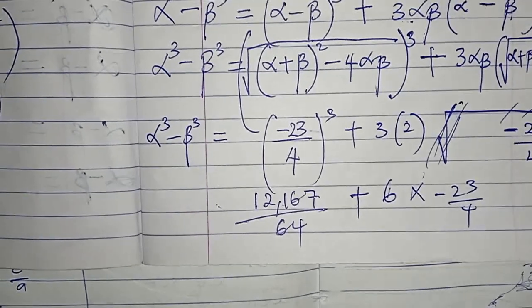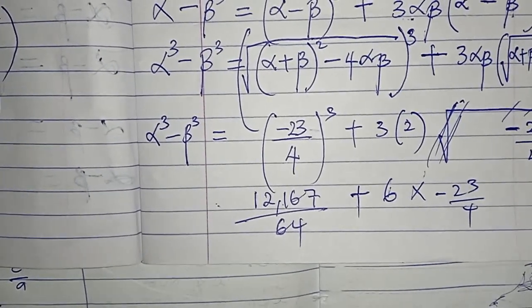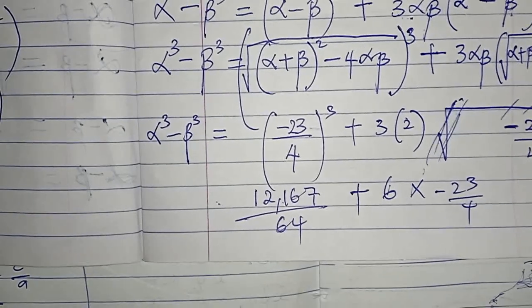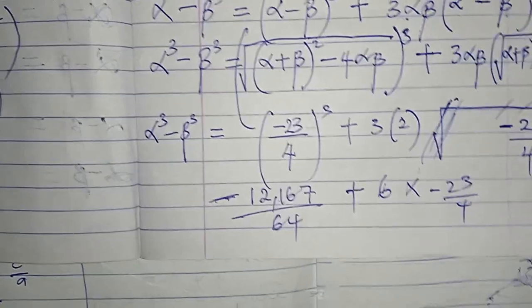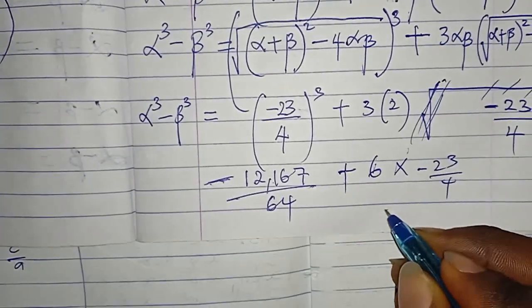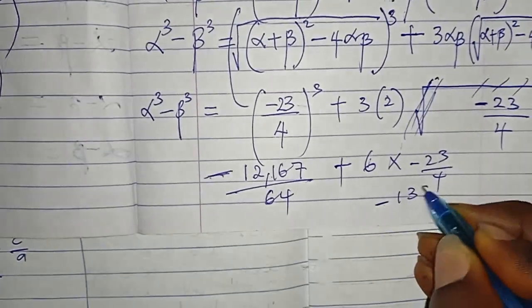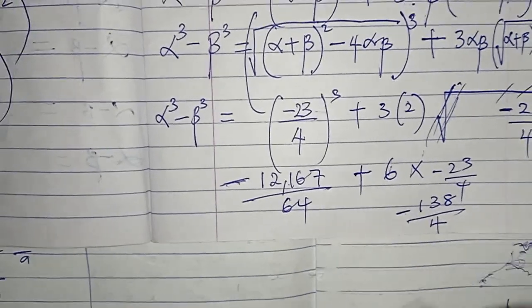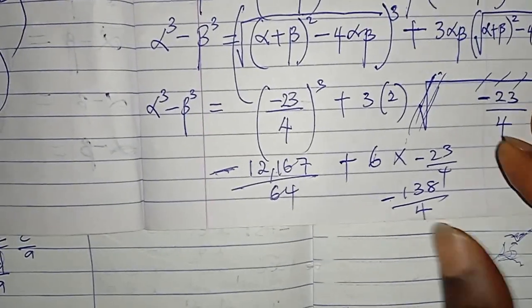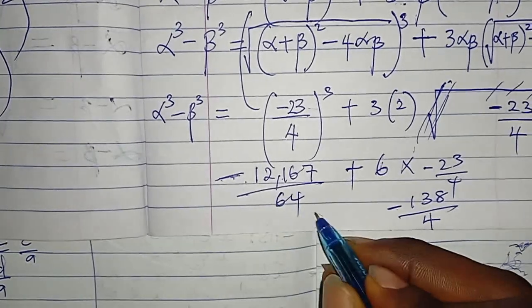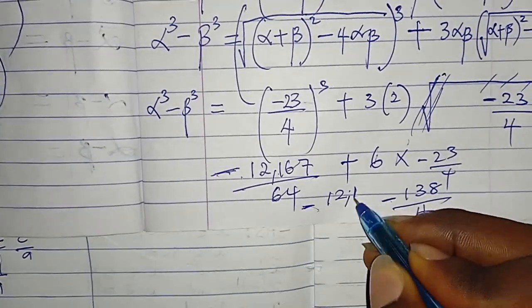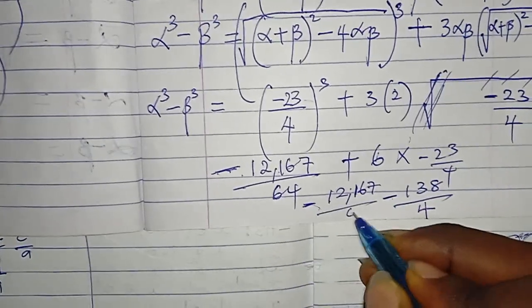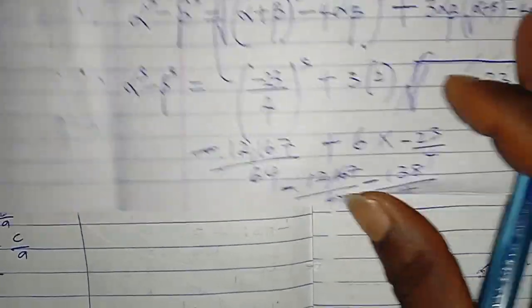Now 6 times 23 is 138 and it's minus. Here is also minus. So this is going to be minus 138 over 4. And there's minus a minus 12,167 over 64.